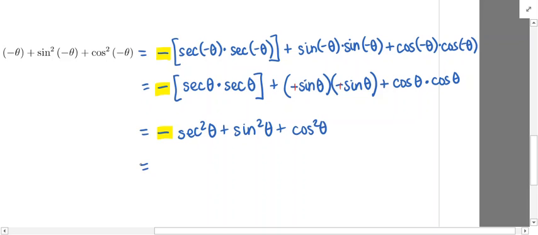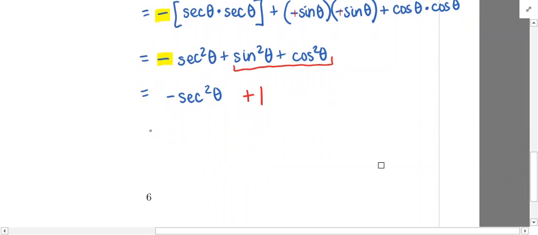Going into the last piece, you see sine squared theta plus cosine squared theta. By the Pythagorean identity, that's 1. So if we're adding sine squared theta plus cosine squared theta, we're really adding 1. There's nothing I'm going to do to the secant right now. So that brings us to this step. We can rearrange terms. This is positive 1 minus secant squared theta.